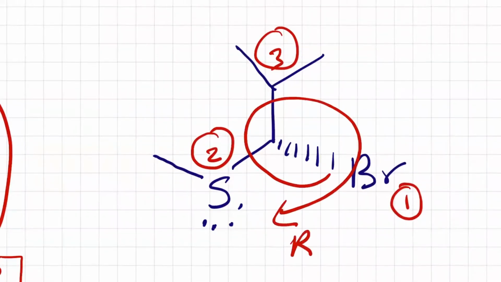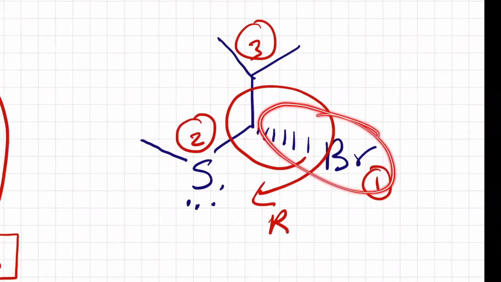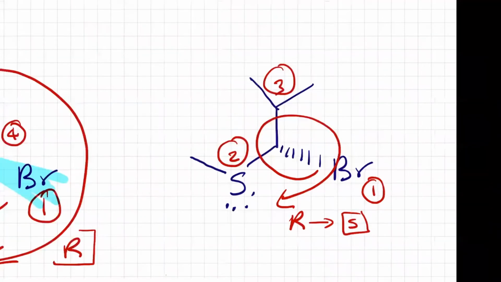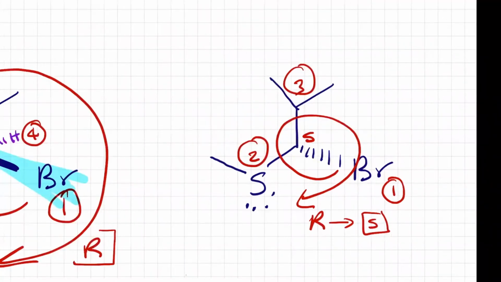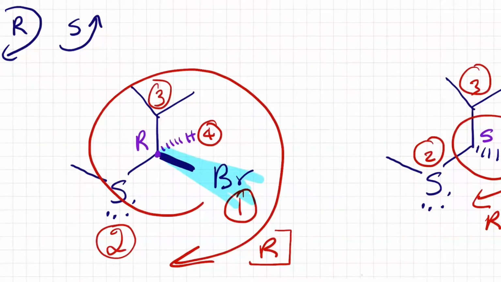Initially, it will be R, but before we move on, we need to make sure to know: is the bromine here in the front or in the back? Is it on the wedge or on the dash? Here, it's on the dash. So the final one will be the other one, which will be S. So here we have S as the configuration. I put it in purple. S, and the first one is, let me remove A.